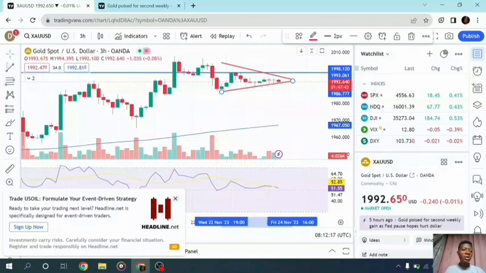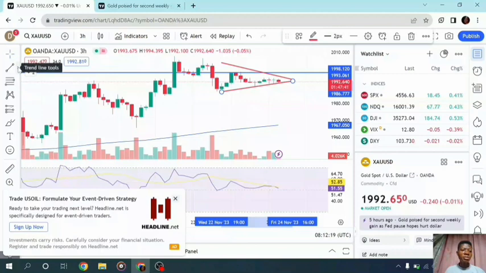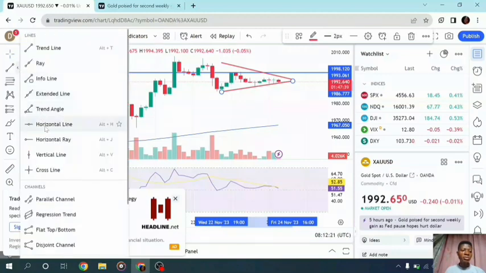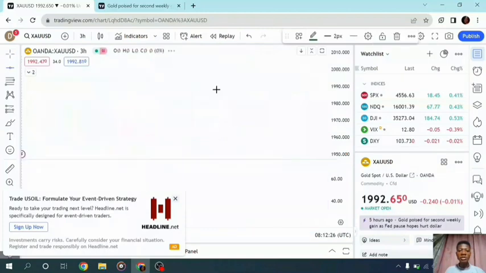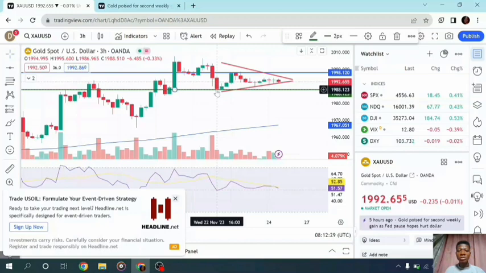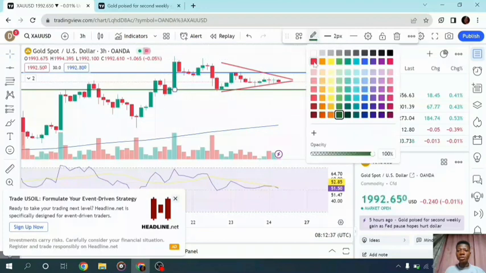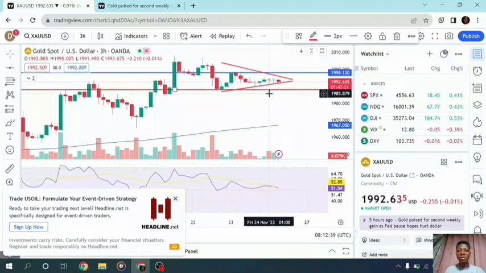Let me draw a line to show you what I mean. The current and the best resistance level is around this area. Let me change the color to red. So the first resistance level is around this area.